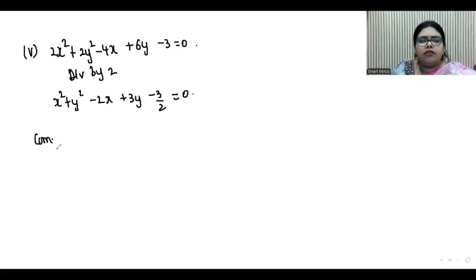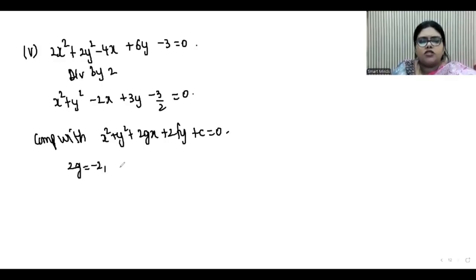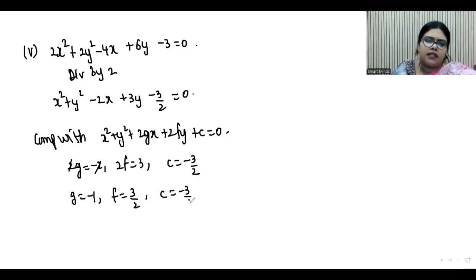Now comparing with x² + y² + 2gx + 2fy + c = 0, 2g is −2, 2f is 3, c is −3/2. The 2s cancel. g is −1, f is 3/2, c is −3/2.